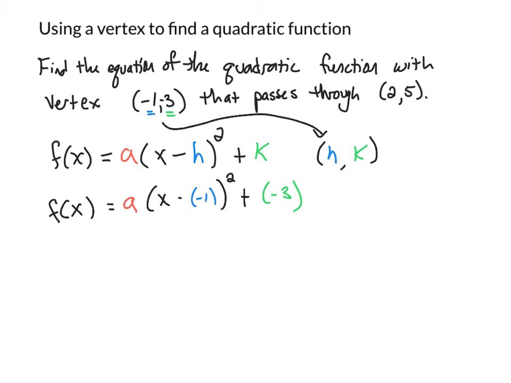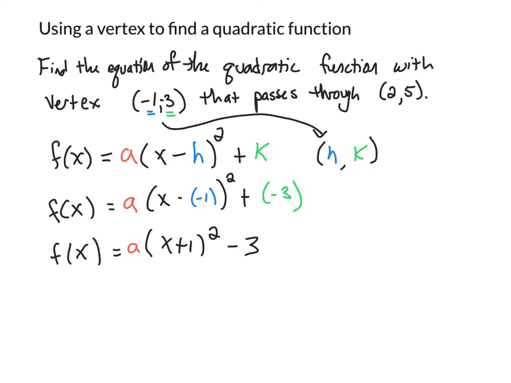I have these negatives that are all over the place. So let's do this and say this is f of x is equal to a. Right, so we still don't know what a is. But x minus -1, that's really x plus 1. So this is x plus 1 squared. And if I'm adding a -3, that's really a minus 3.